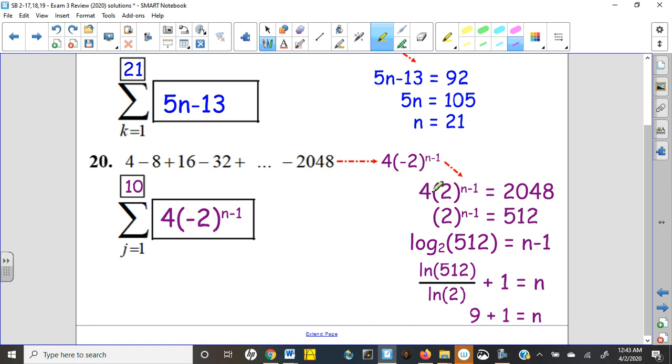We take away the negative ratio with one of these alternating sequences, and we also, if the last term is negative, take away that negative. The reason is because I'm going to eventually have to convert this into a logarithmic expression, and I can't have negative bases within my logarithm, right?